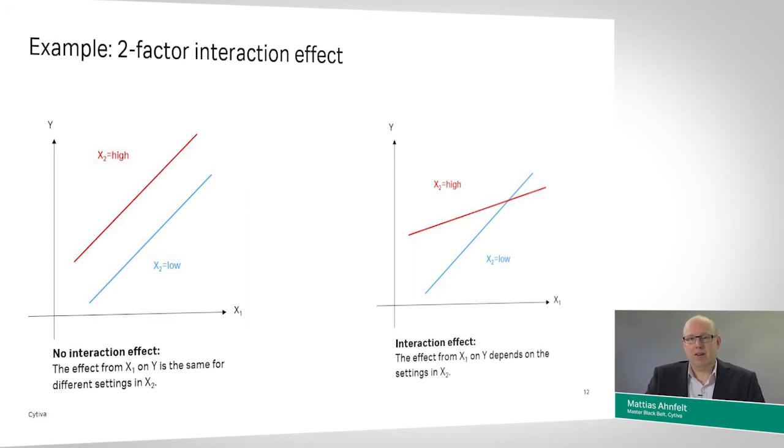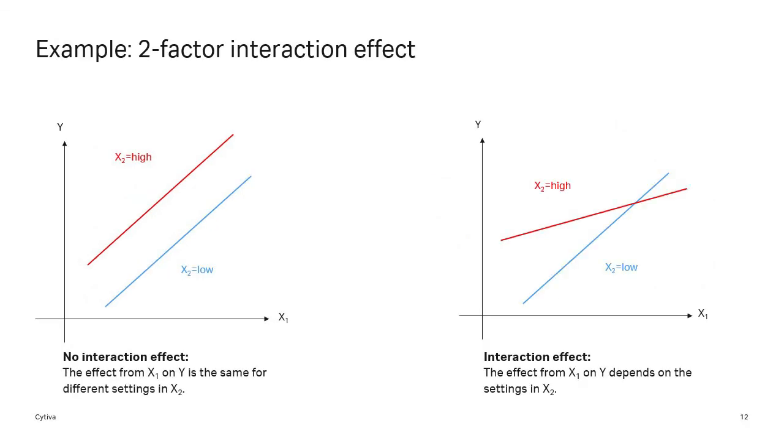So, a simple cartoon of what a two-factor interaction effect can look like. On the left-hand side, we have a scenario where we do not have an interaction between the x1 and x2 parameters. So the graph is y versus x1, and the blue line is how x1 affects y at a low setting for the x2 parameter.